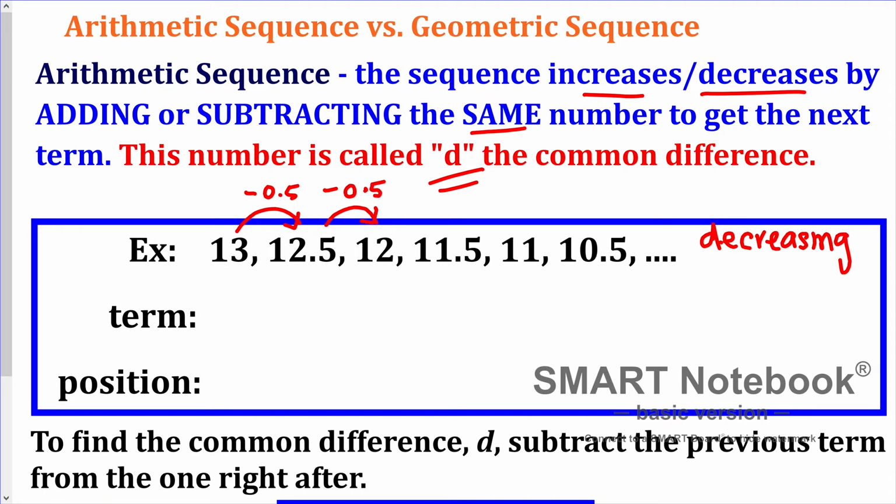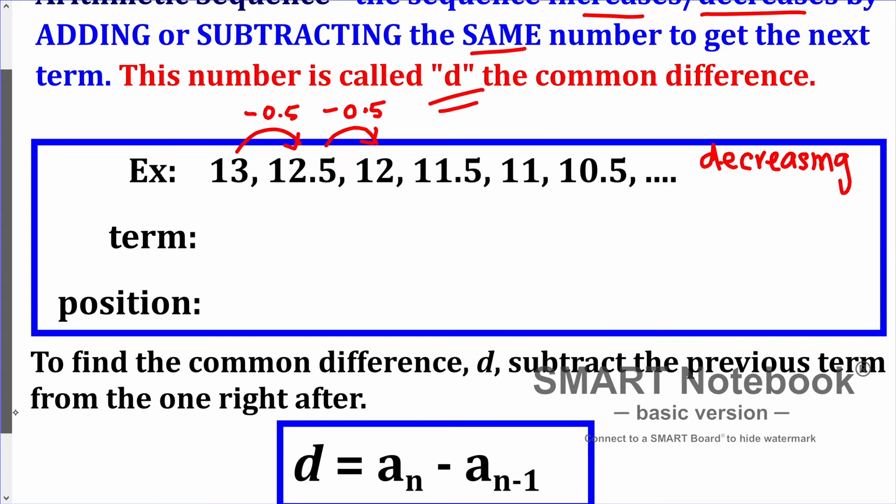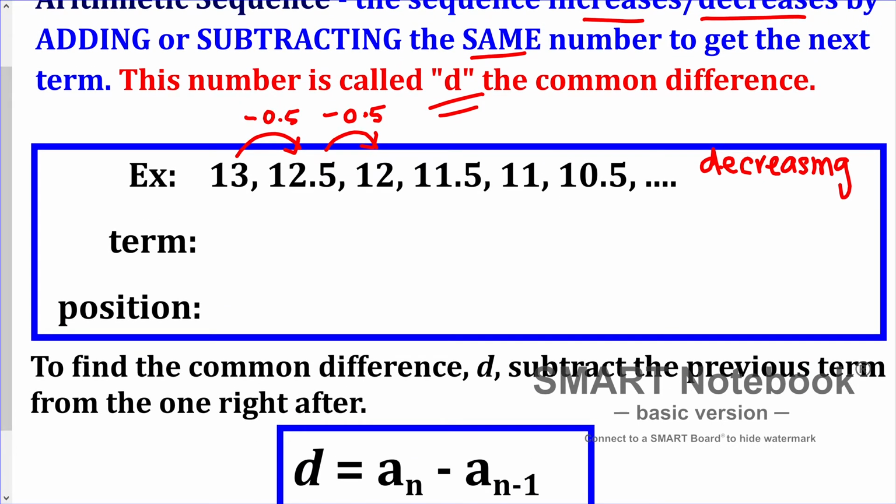Okay. So now let's talk about term and position. All right, so with a sequence, now a sequence can also be labeled with notation, right? So the notation for a sequence is we say that this first term here is called the A1.